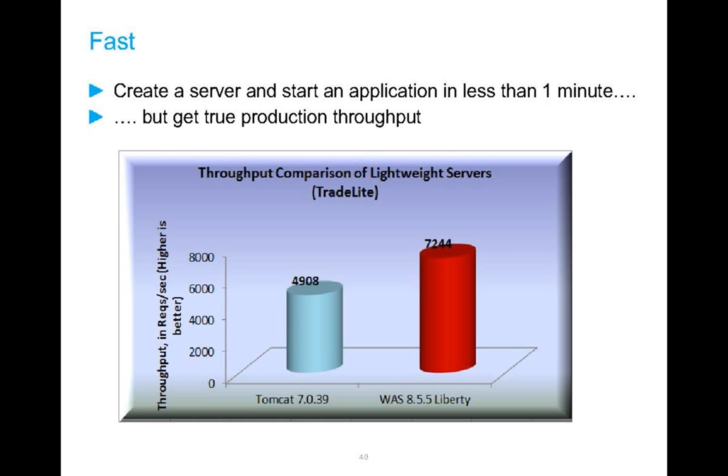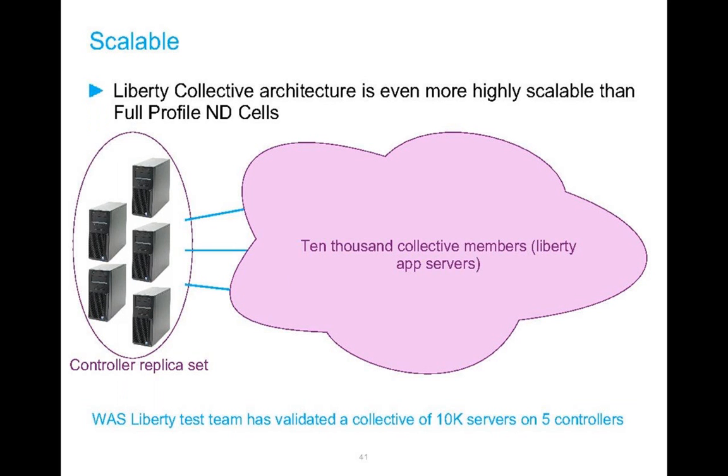And it's scalable. Liberty profile is even more scalable than full profile ND cells. ND cells had a problem with scalability, I believe. I think once you reach a 150 limit, you start hitting some problems with scalability.